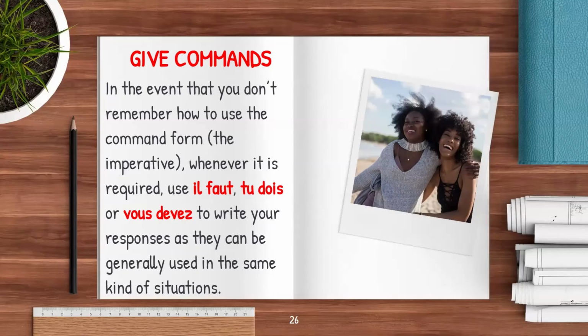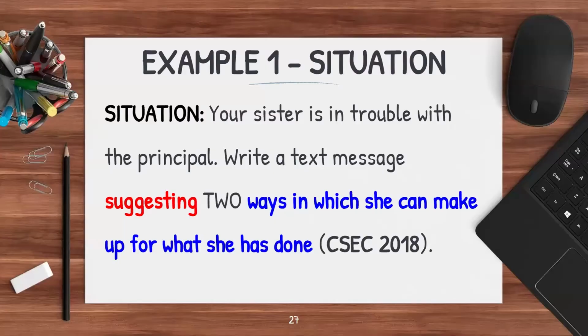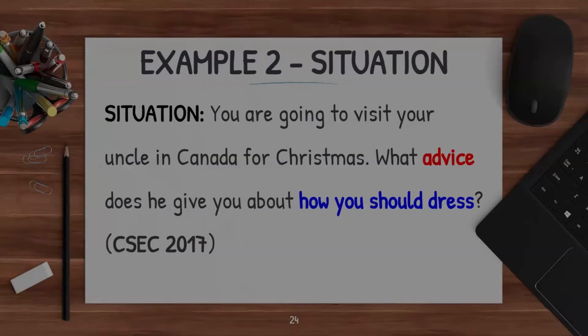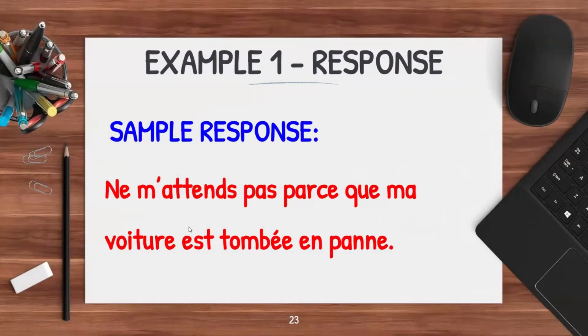Before I continue with this, let me first explain that command forms are usually verbs that had been used in the present tense, but it does not have a subject.